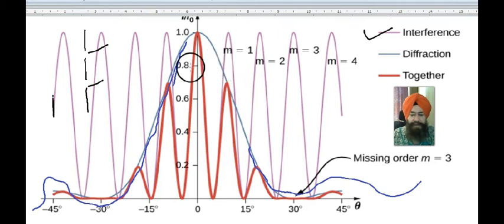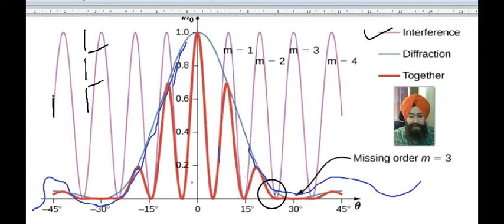Now because interference and diffraction both will happen, we'll get an interference pattern in the diffraction pattern, together. This red line is because of interference.